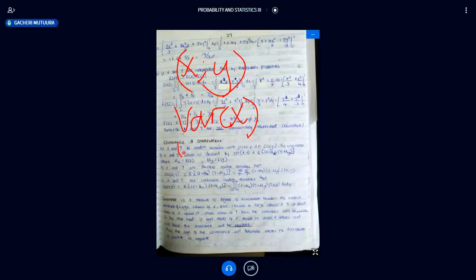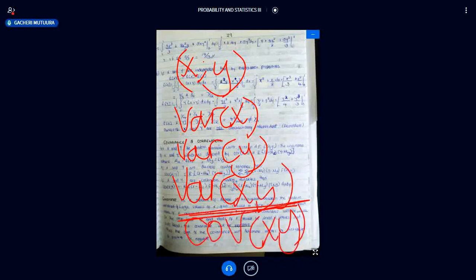I can also get the variance of Y from the marginal or the joint. Doesn't matter how you approach it. You can get the variance of X and you can get the variance of Y. Now, if I want the variance of the combined variable XY, now this is no longer just a variance, but what we call a covariance. A covariance meaning it is a variance of two or more variables.